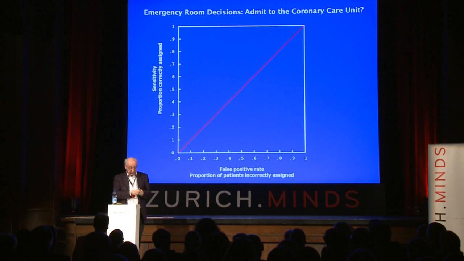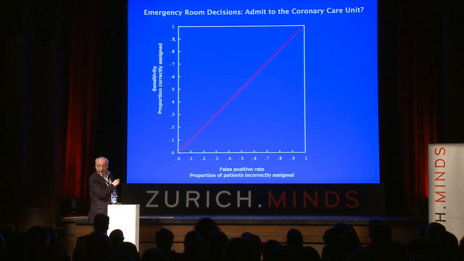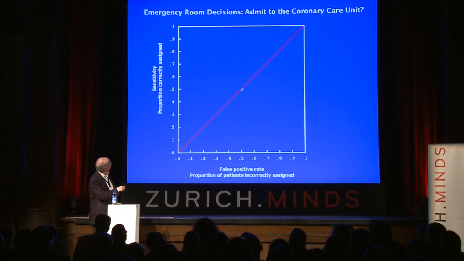What you need to know here is that you want the proportion of correctly assigned patients, those who actually get a heart attack, high. Those who are incorrectly sent into the ICU, low. And something up here, but that's too difficult, this problem. This is the chance level. You say everyone or nobody goes in, and you don't want to be on that side. This is worse than chance.